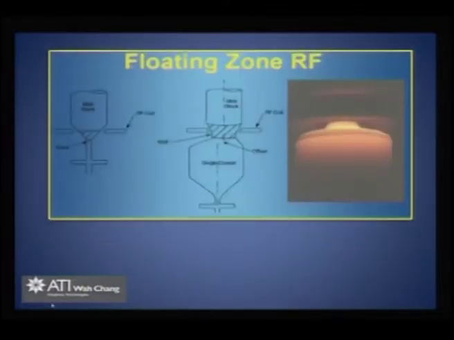Here is another picture of a floating zone apparatus where you are using an RF coil to melt this interface, and here again you can see the single crystal can be grown into a bigger dimension, and that is one of the advantages of using a floating zone method.